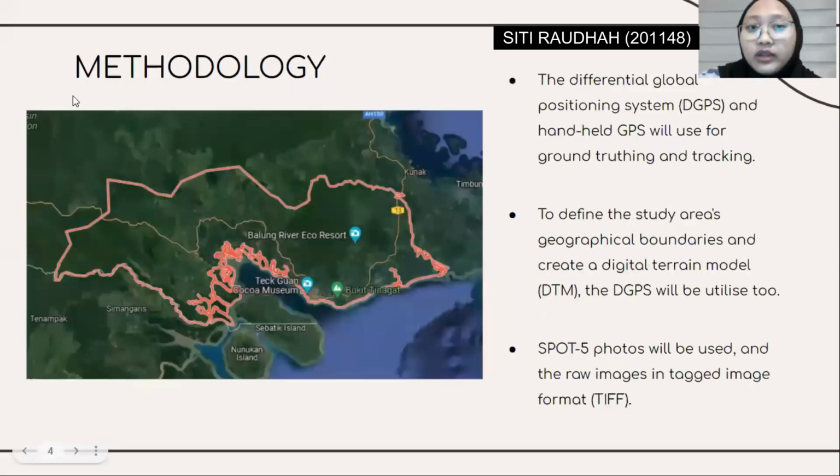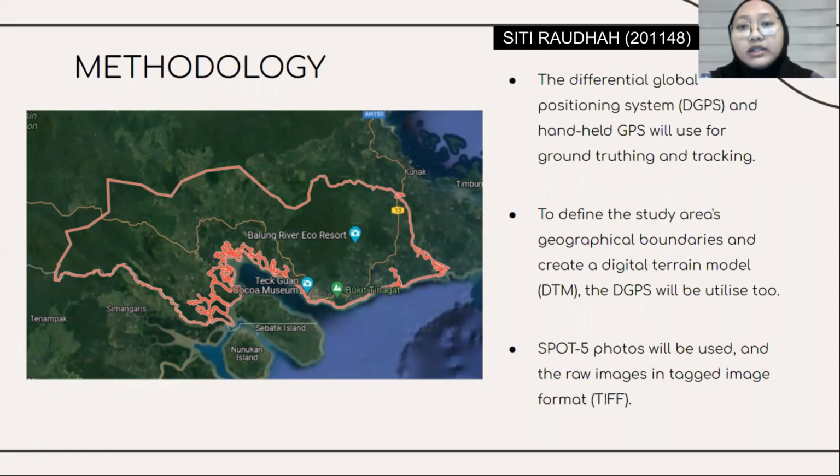Okay, for methodology, this is for the software methodology. The different global positioning systems we use are DGPS and handheld GPS. We use these for ground truthing and tracking.